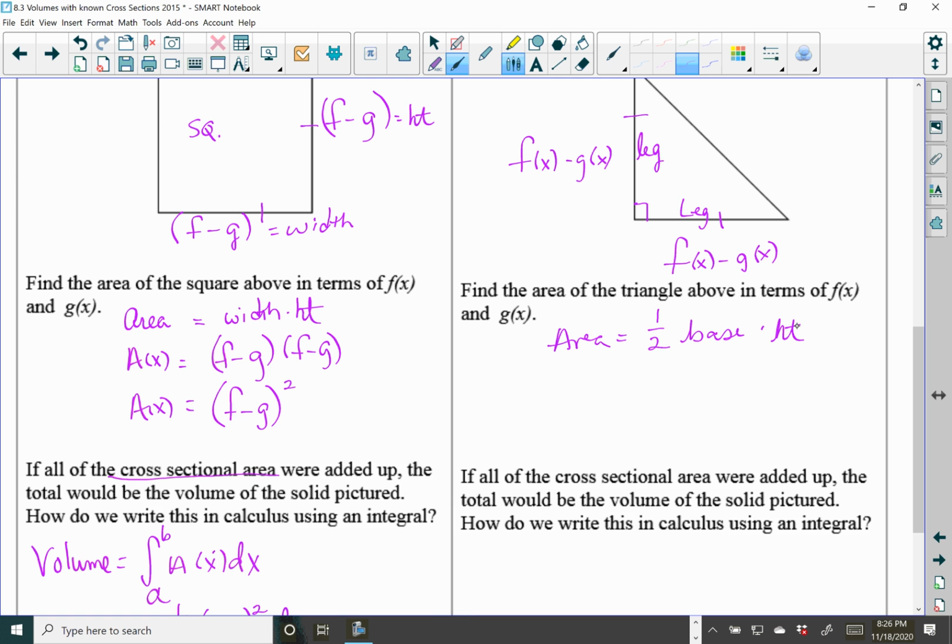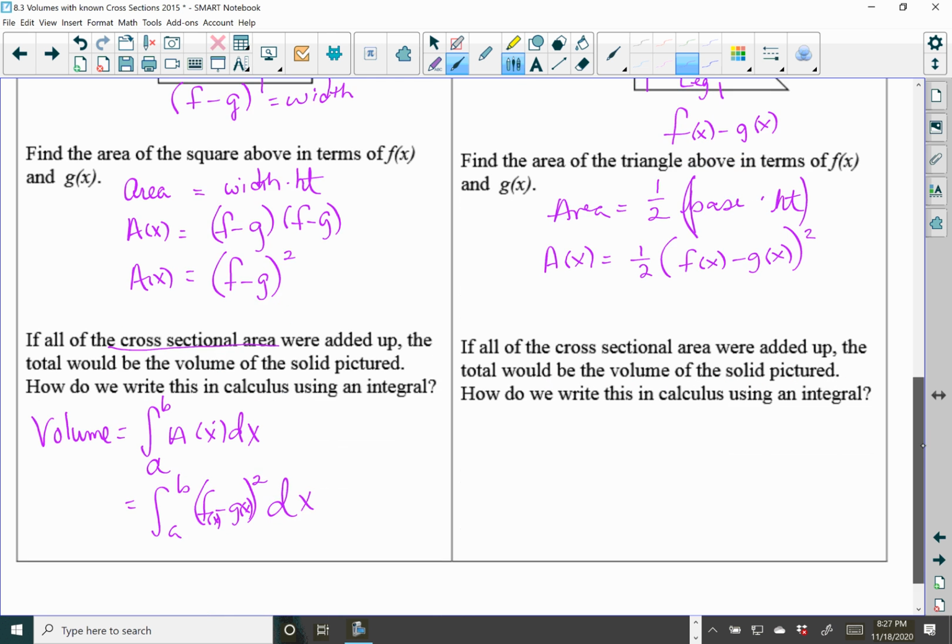So I should be able to build any area I need just knowing my formulas, or perhaps I'm given a formula. And then A of x is equal to 1/2 times f of x minus g of x times f of x minus g of x, because base and height were the same, so I really get a squaring there.